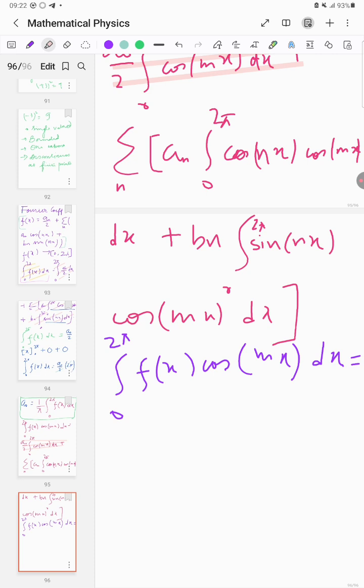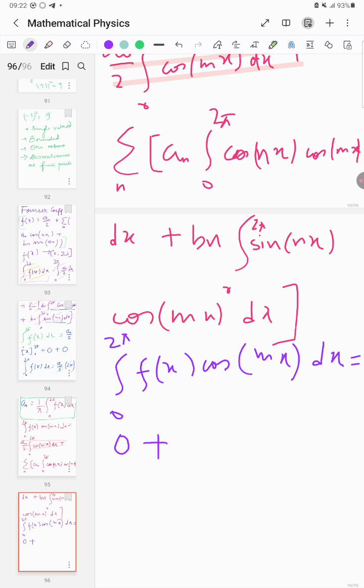So the first term on the right hand side turns out to be 0, with a plus sign.